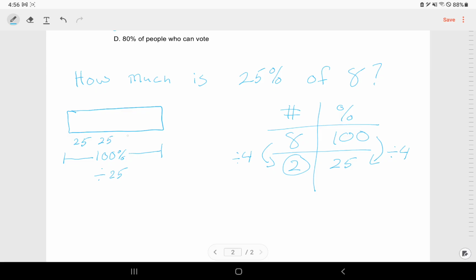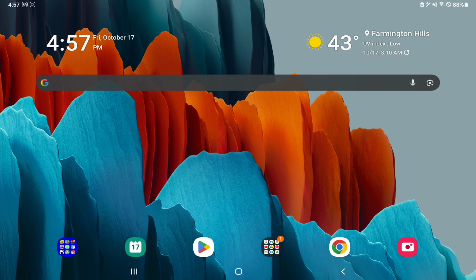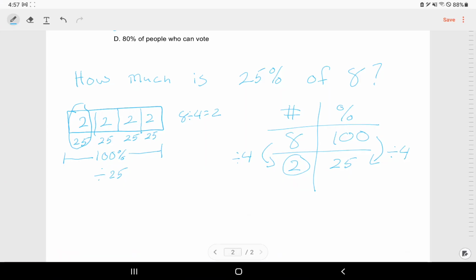So that means 4 25s. And so 8 divided by 4 is 2. So each section is 2. And so, come back here. 1 section is our answer, and so it's 2. And that's it. That's our answer.